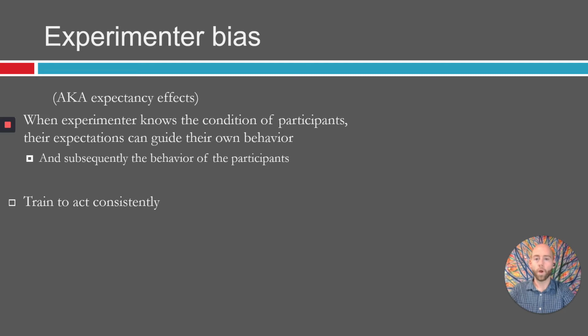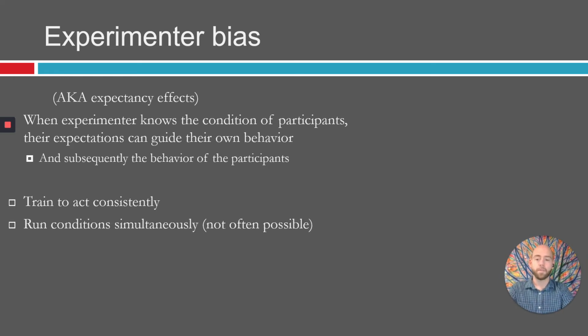So one unideal way to do this, but a necessary step at least, is to train experimenters and anyone coming into contact with participants to act in a very consistent manner across all the different conditions. This is like the absolute bare minimum you would want to do.